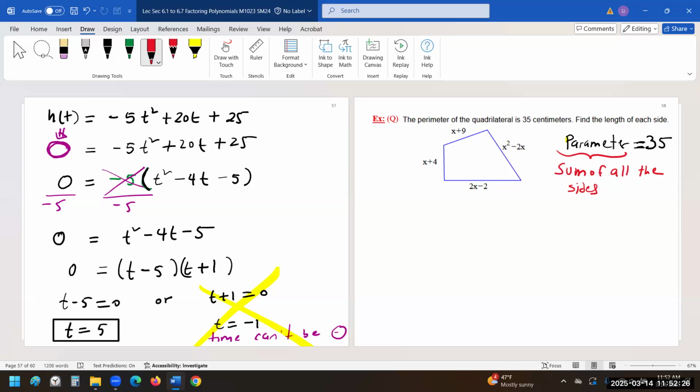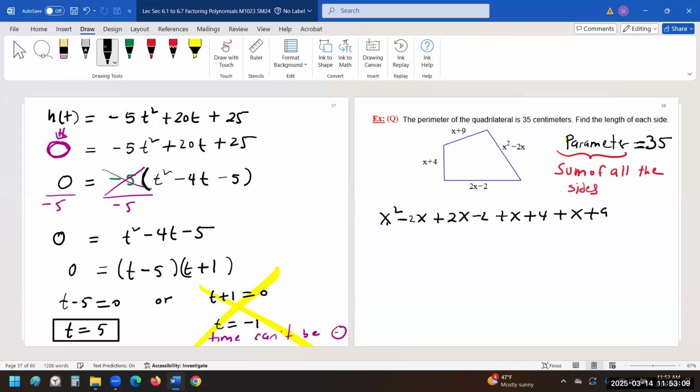So what do you think about the first step? How do you start this question? Add all the sides, and that should be equal to what? Okay, let me sum them. x squared minus 2x plus 2x minus 2 plus x plus 4 plus x plus 9.